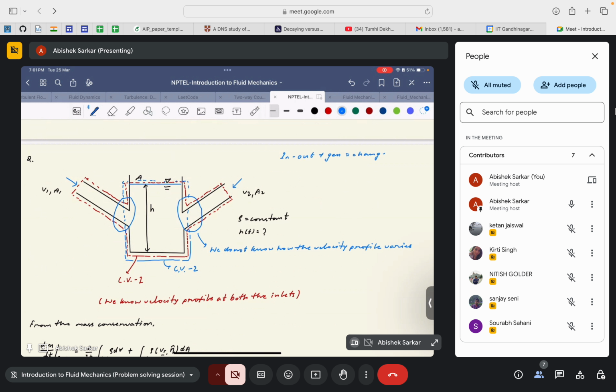What was there in the previous scenario? We had both of these terms. This was equal to 0, and if in is equal to out, then it implies that the net change of the property, which was mass in that case, is equal to 0, because mass in was equal to mass out.